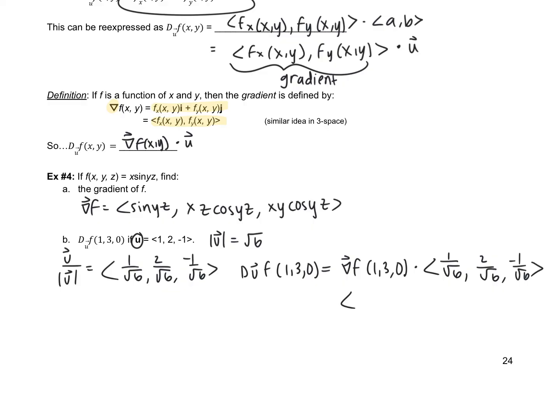So to get that gradient, I'm going to go back to the gradient I found and substitute in 1, 3, 0. I already did that for you, and I'm going to tell you you get 0, 0, 3. So then dot with that unit vector.